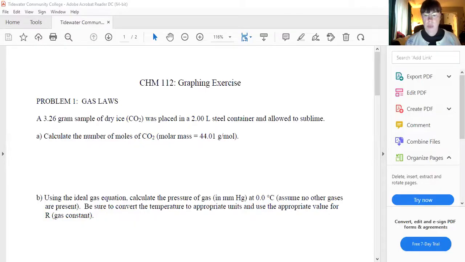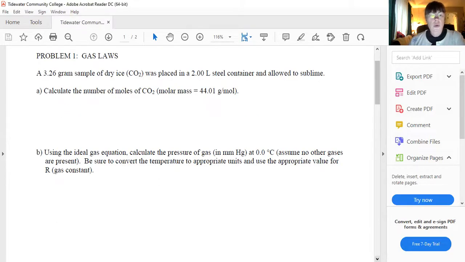So loaded into Canvas, there is a document for the graphing assignment. Let me show you what this looks like. All right, so this is the 112 graphing exercise. The beginning part of it involves using some gas laws.